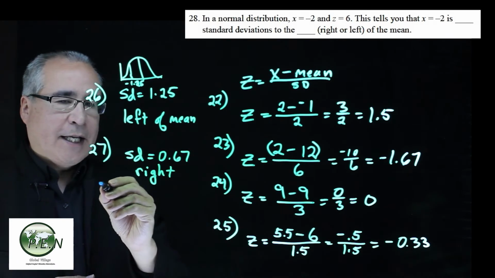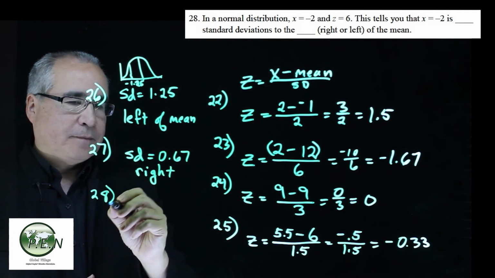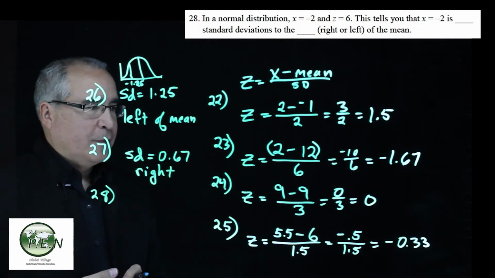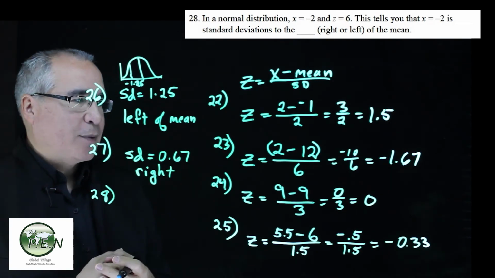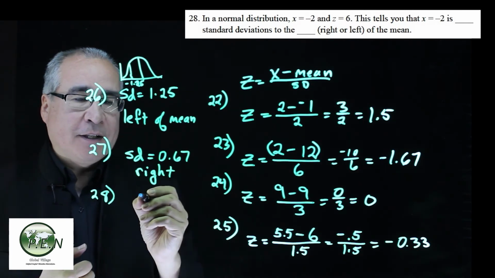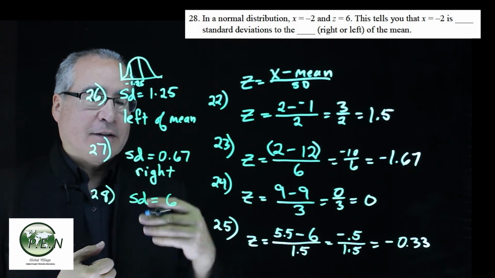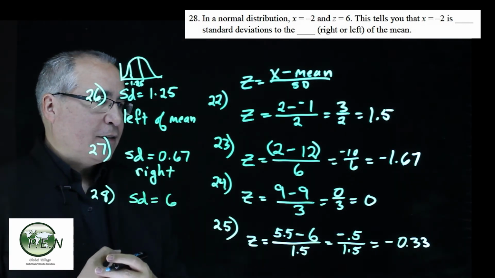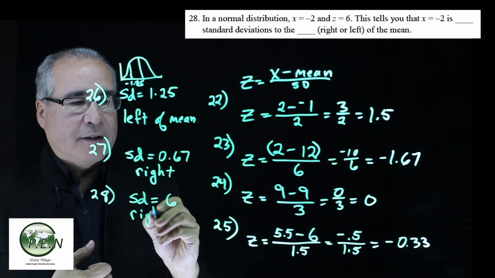And 28, we have x equals negative 2, z equals 6. Wow, 6, that's a big one. So it tells you that x equals negative 2 is how many standard deviations? 6. And since 6 is positive, it is to the right of the mean.